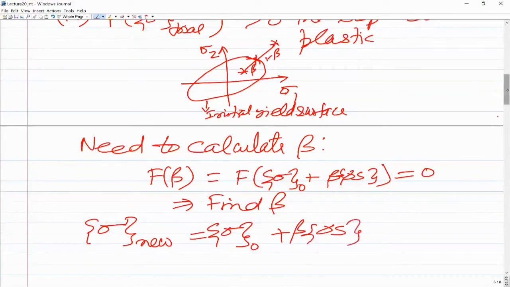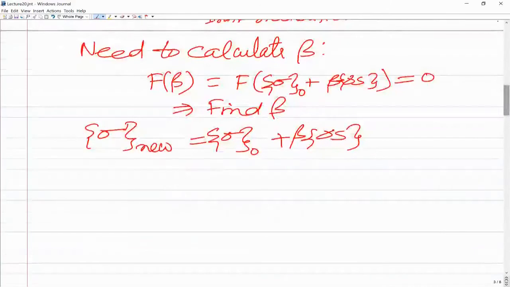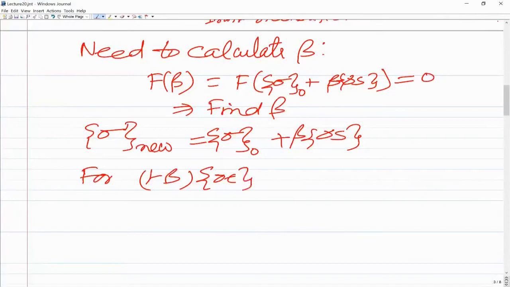But for this particular load step, there is still the strain 1 minus beta times delta epsilon. For this 1 minus beta delta epsilon strain step, you need to calculate delta sigma, and you will calculate delta sigma as we discussed in the previous lecture.